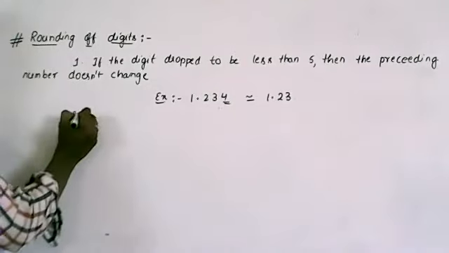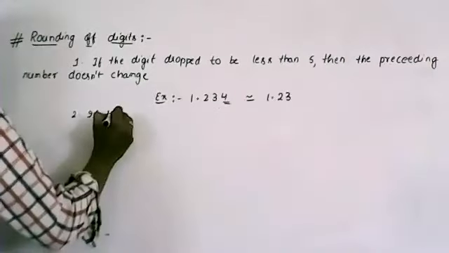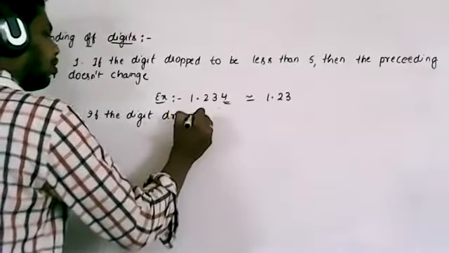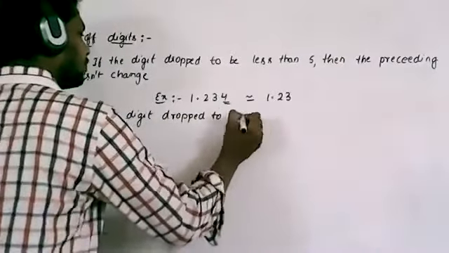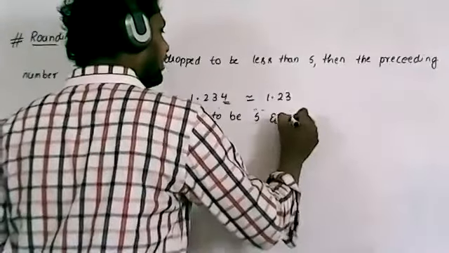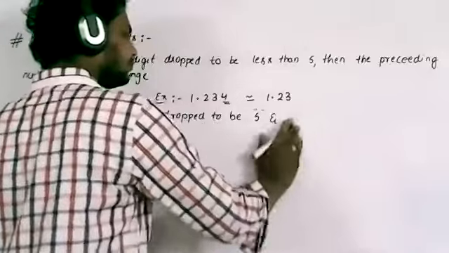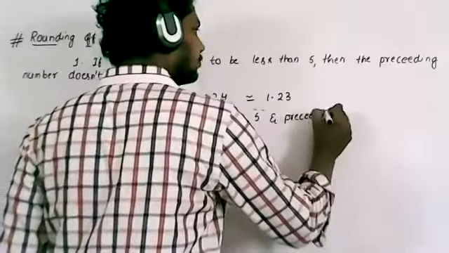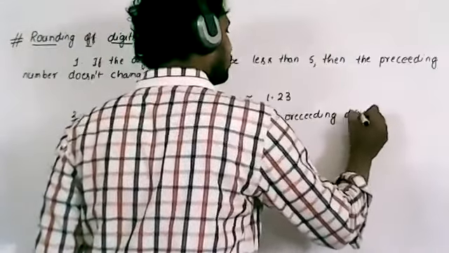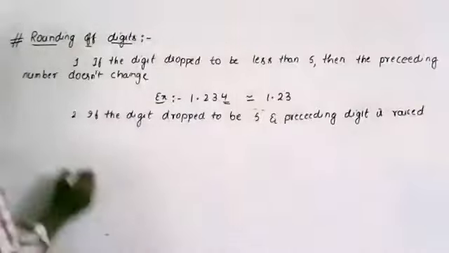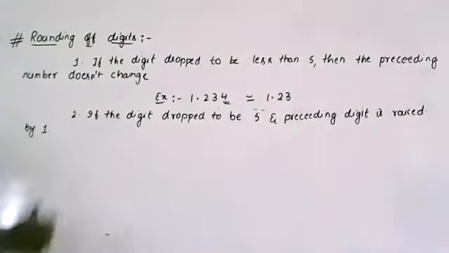Now the second rule: if the digit dropped is 5, then the preceding digit is raised by 1.